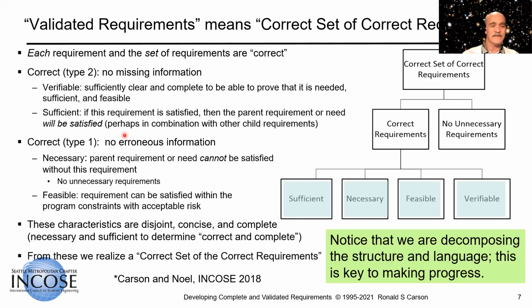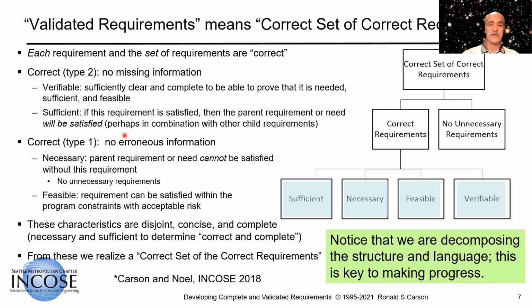So how do we get there? We use these concepts as a means to make progress. So we're decomposing what we mean by validated, and this will allow us to get to structured requirements, another decomposition.